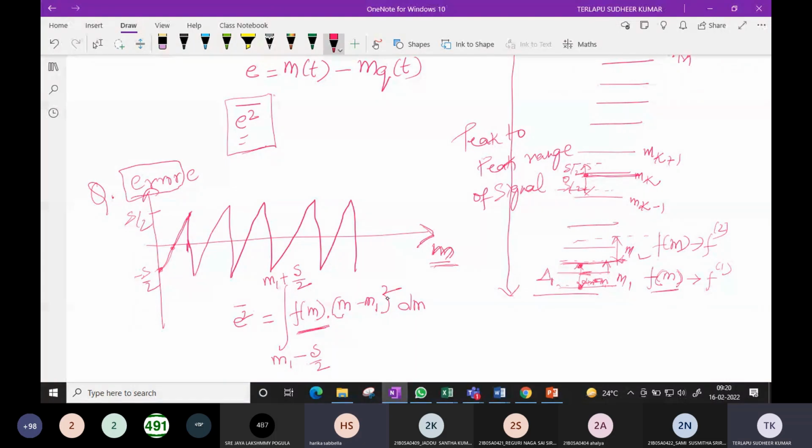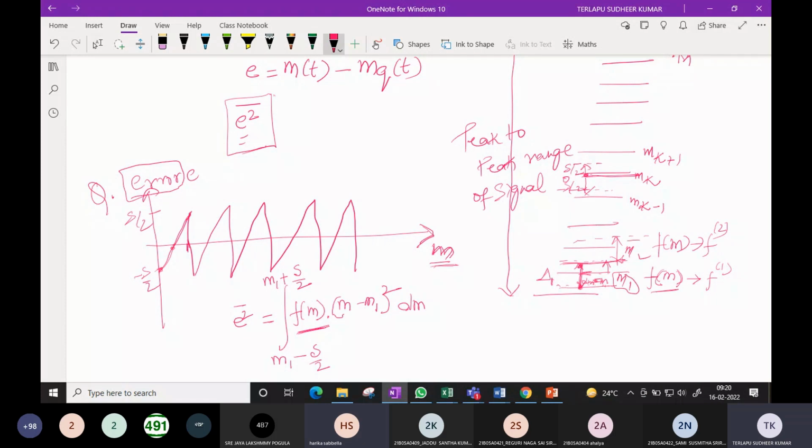So this error whole square multiplied by dm. So we are integrating for a period m minus s by 2 to m plus s by 2. So for this complete period we are integrating. So this is with respect to quantization level m1.